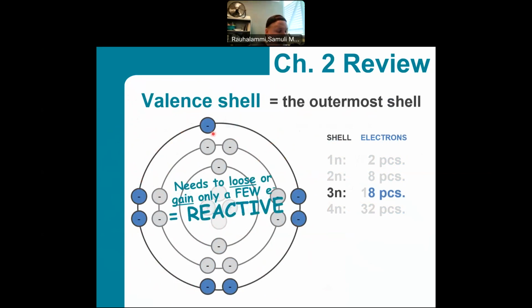We sometimes have atoms that are very close to getting a full valence shell, but they don't have it yet. One way we could have an atom that's close to getting a full valence shell is that it only needs 1 additional electron. And if it received that 1 additional electron, now it would reach this happy state of having a full electron shell, the full valence shell, the outermost electron shell.